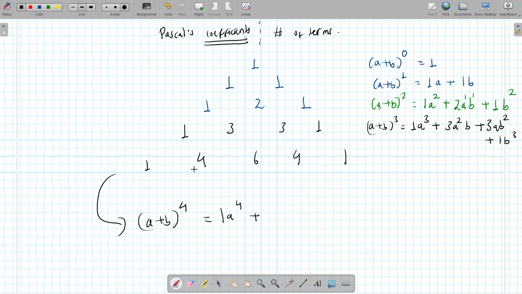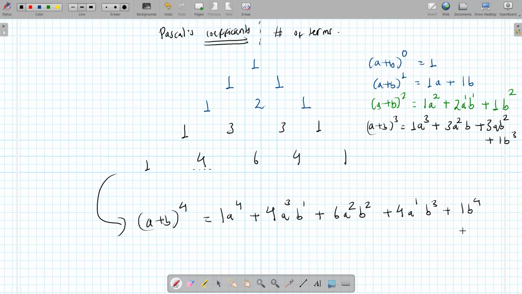Then you take your second coefficient, 4. Plus 4. What's the power of a? It's always 1 less, so cubed. Just 3. And then b comes into play, 1. And then you keep going, 6a squared b squared. Now b's power goes up, plus 4a to the 1, b cubed, and then finally 1b to the 4.